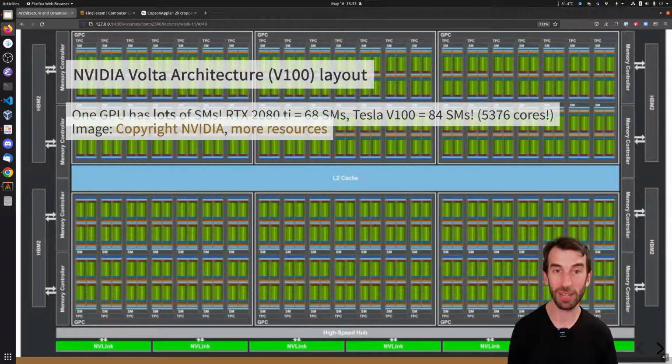So the GPUs are super parallel computing beasts. The Tesla V100 had 5,376 cores. That's a lot. Tensor cores, I suppose. Maybe. Some kind of core, anyway.